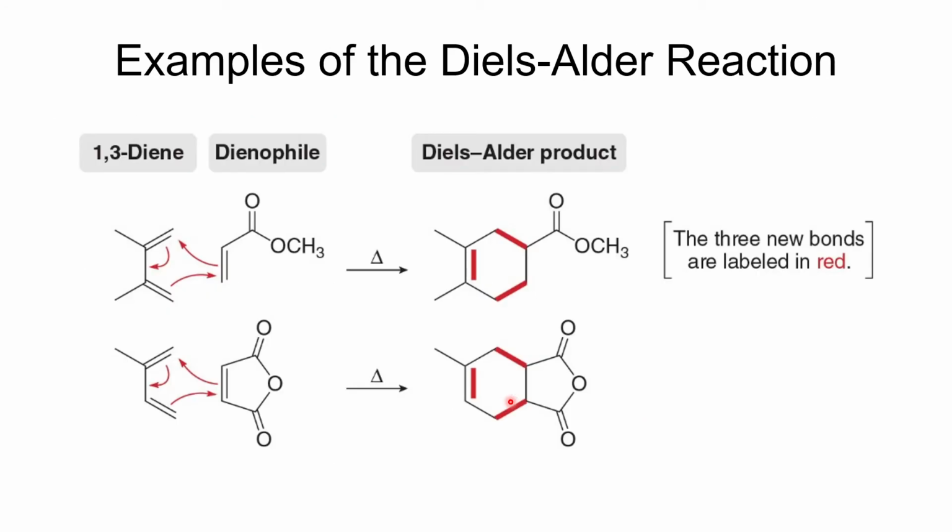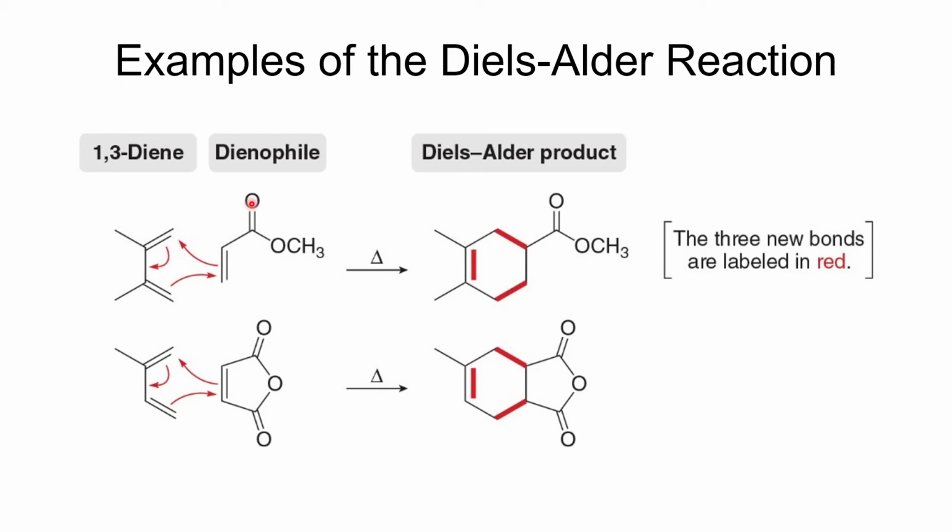All right, so here is a typical example of a Diels-Alder reaction with a good diene and a good dienophile. You'll notice that these dienophiles have substituents on them, and typically those substituents are things like carbonyls.